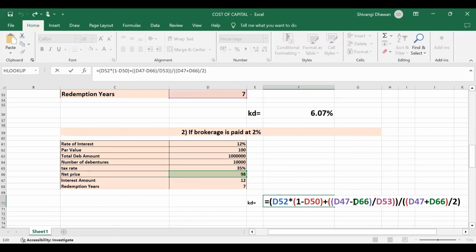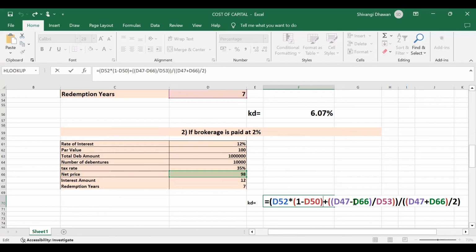Similarly, you can get questions on calculation of cost of equity, cost of preference shares, cost of retained earnings, and even cost of irredeemable debentures and cost of irredeemable preference shares.